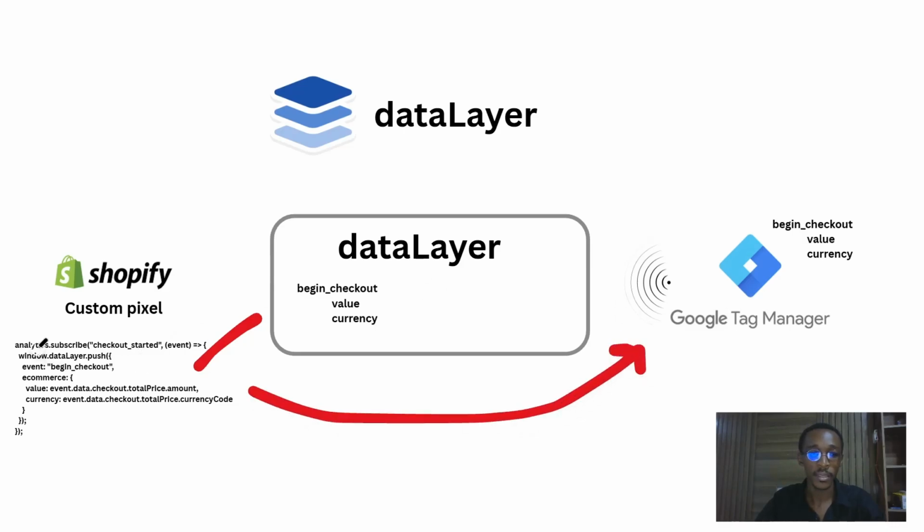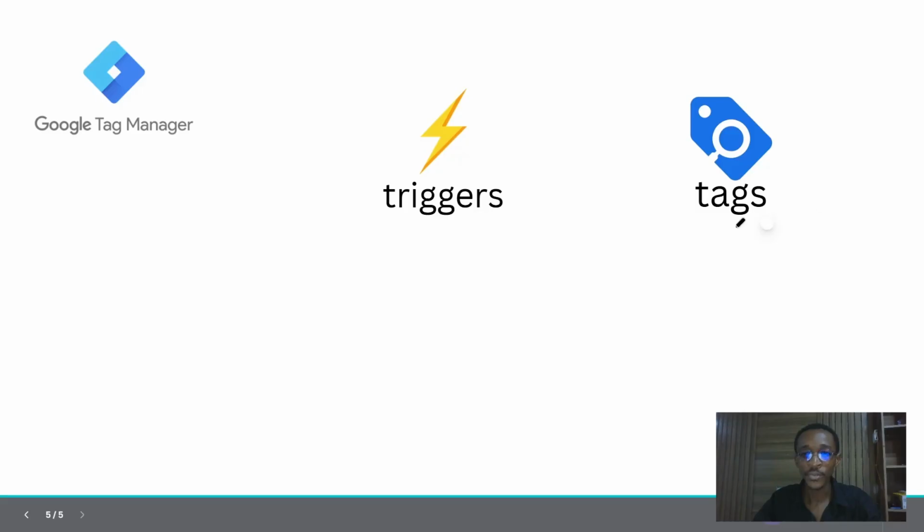So note that Shopify sends this data to the data layer and Google Tag Manager, who is always listening to this data layer, the moment the event comes in, picks up the event and then processes the event on its own side to send to its destinations.